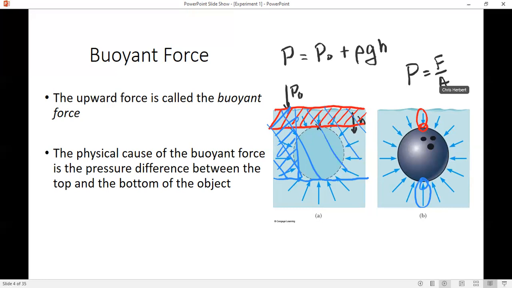So our force, our buoyant force, is going to be equal to the pressure difference between the top and bottom surface times the surface area of the object, okay? Now, how is this connected to volume? Well, we're looking at this difference in height, so that's one dimension.